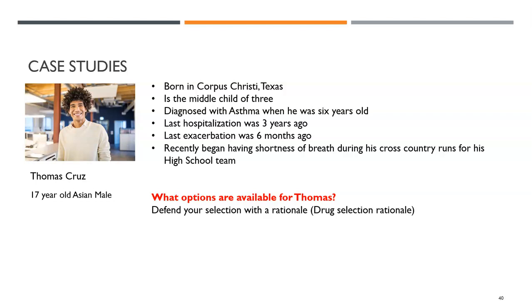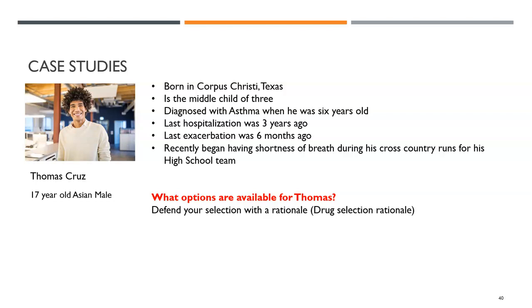All right, we'll go over some case studies real quick. I'm not giving you the answers. I just want you to think about what you would do in this scenario. So we have Mr. Cruz. He's a 17-year-old Asian male. He doesn't really look Asian in my pictures, but he's Asian. He was born in Corpus Christi, Texas. He's the middle child of 3. He was diagnosed with asthma when he was 6. His last hospitalization was 3 years ago. His last exacerbation was 6 months ago.